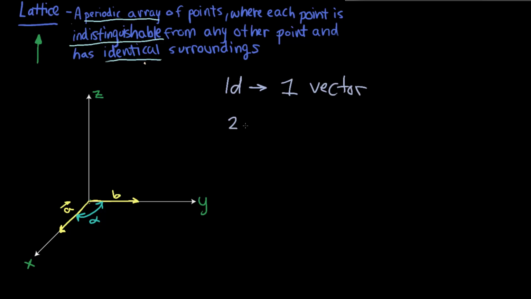For 2D, we needed 2. So for 3D, I think that it's fair to say we're going to need 3. I will define this vector as C. I'll add this vector symbol down here too.